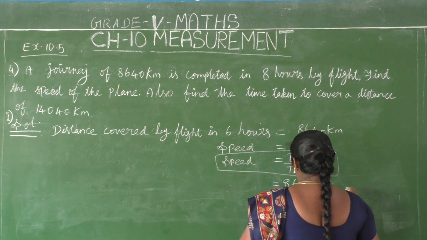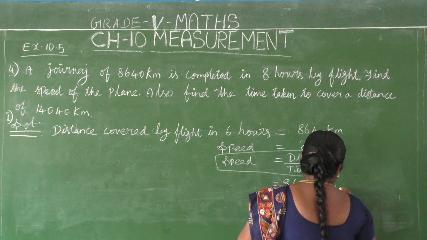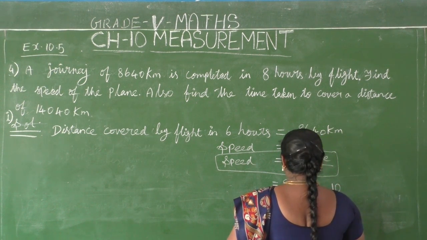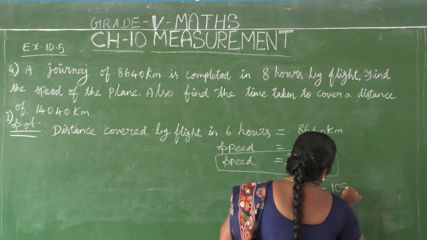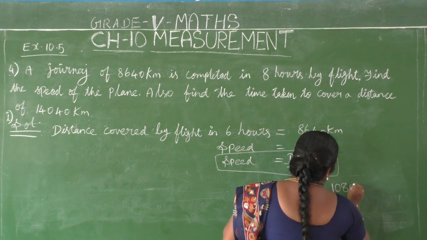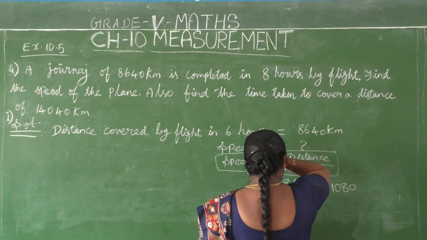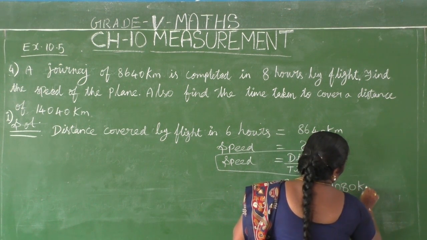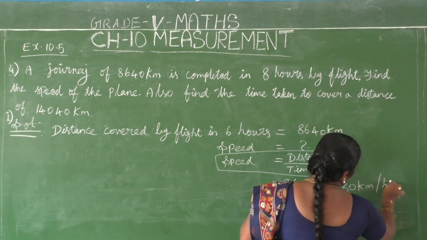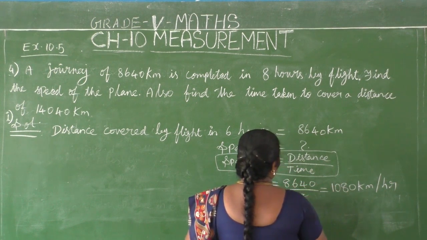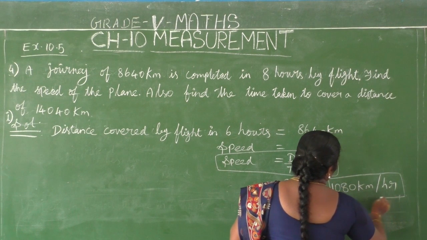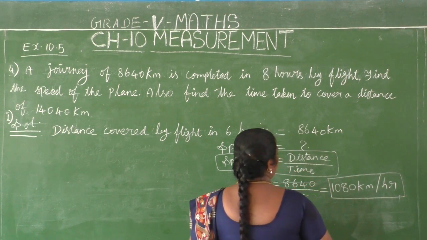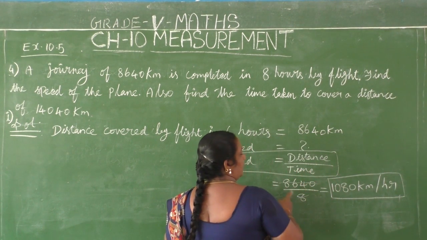Okay. 10 8 6 4 0 means, so 8 times it will come again. 8 times 0, so 1080 kilometer per hour. So I cancel it. 1080 kilometer per hour.